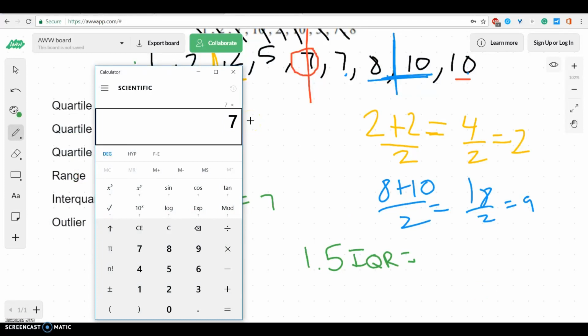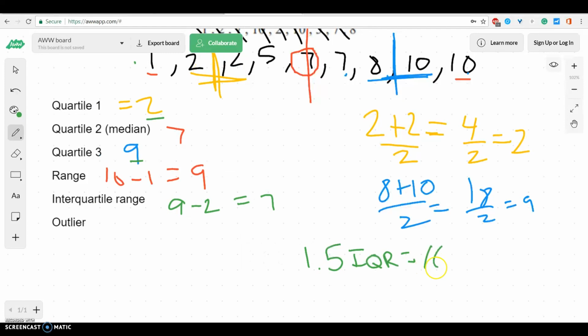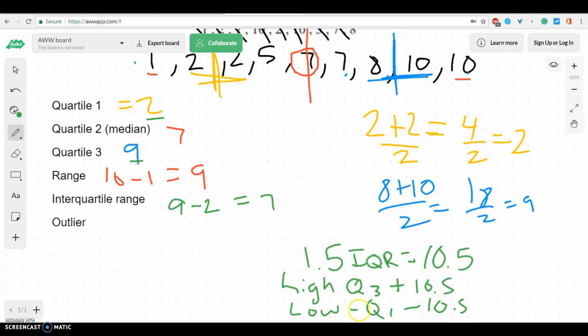So we'll do 7 times 1.5. So we have 10.5. And again, on the high end, or what would be too high of a data point, it would be Q3 plus this number. And on the low end, it would be Q1 minus this number. So that's how we check.